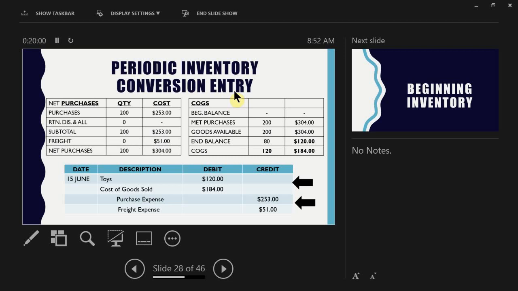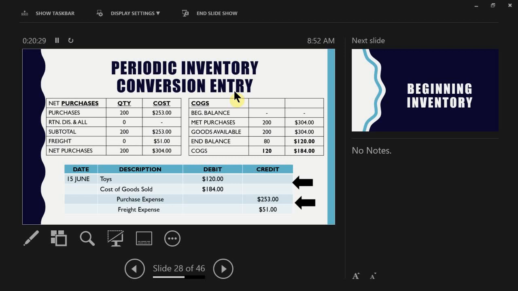Now that we have our ending inventory for toys, which we've already calculated, we know we had a total of 80 items, but in grand total it's going to cost me a total of 120. Then we look at our cost of goods sold, which is exactly what we calculated in our inventory worksheet.